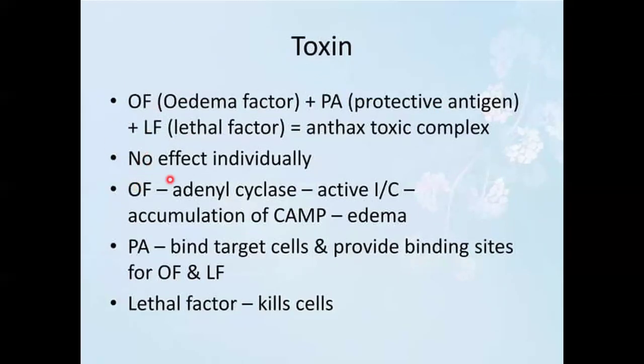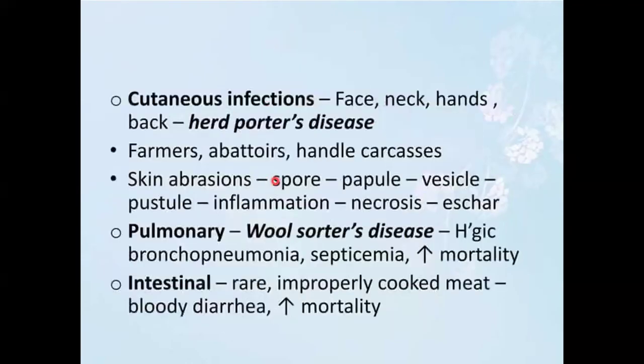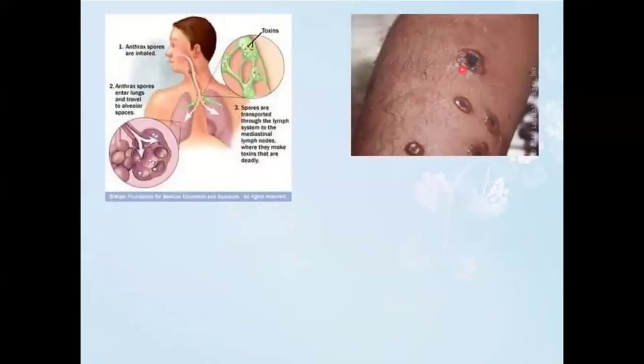So edema factor activates adenyl cyclase, leading to accumulation of cyclic AMP, causing edema. If you see this picture, this is what I called the black eschar. There's some necrosis taking place here, basically the dark part.